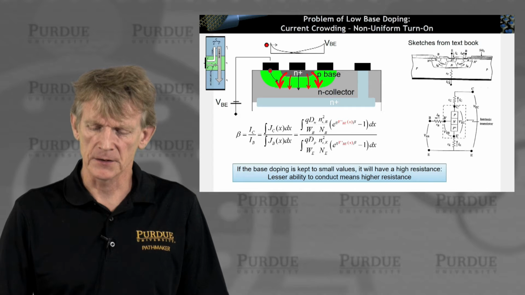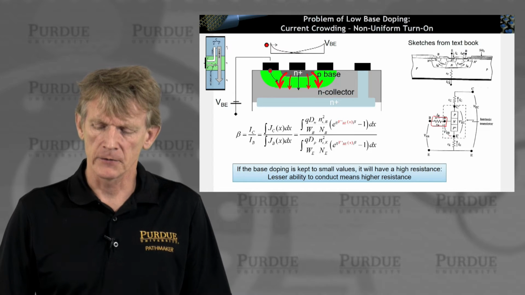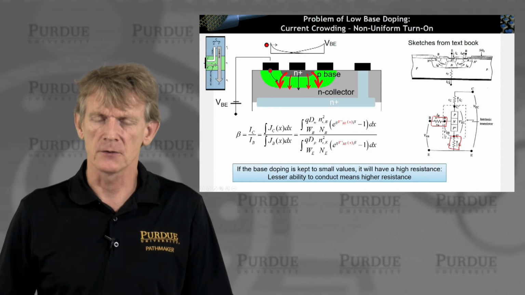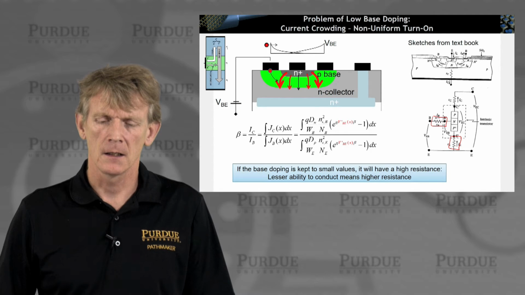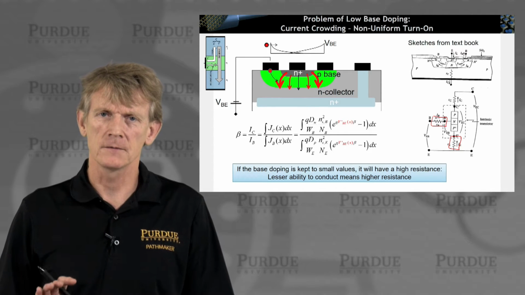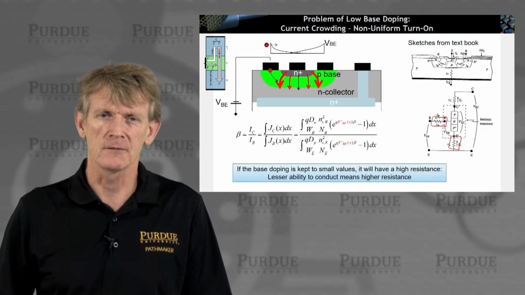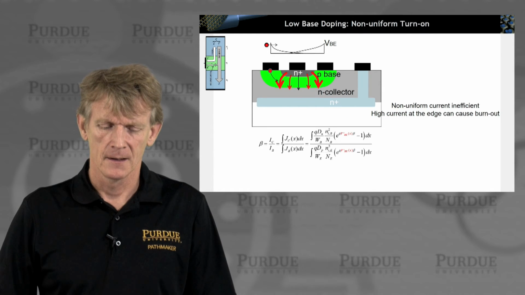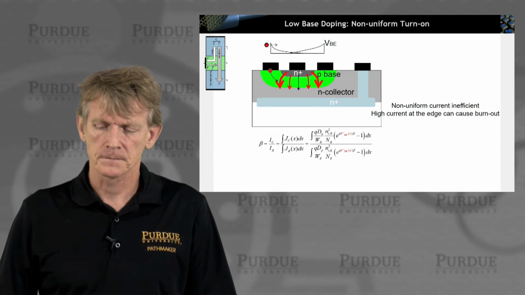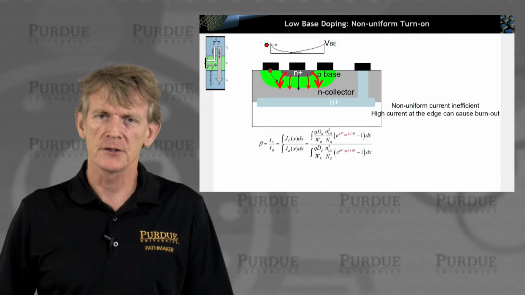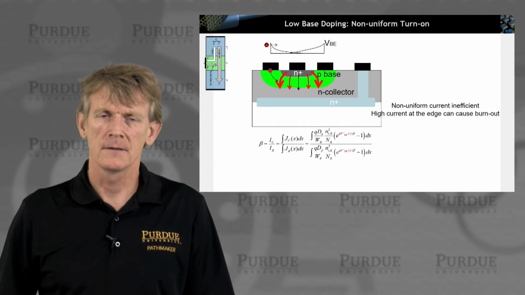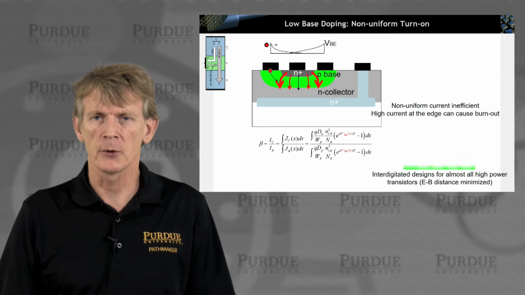You can discuss this with equivalent circuit elements that you attach to the intrinsic device. All of that is kind of not very nice for the device. Let's put it this way. All right. So if you have these non-uniform currents, they are not just inefficient, they can cause burnout.